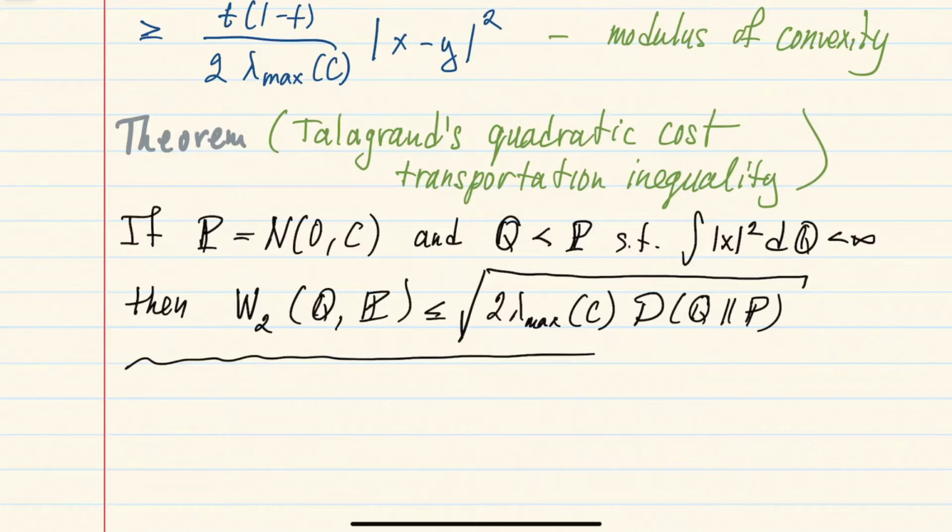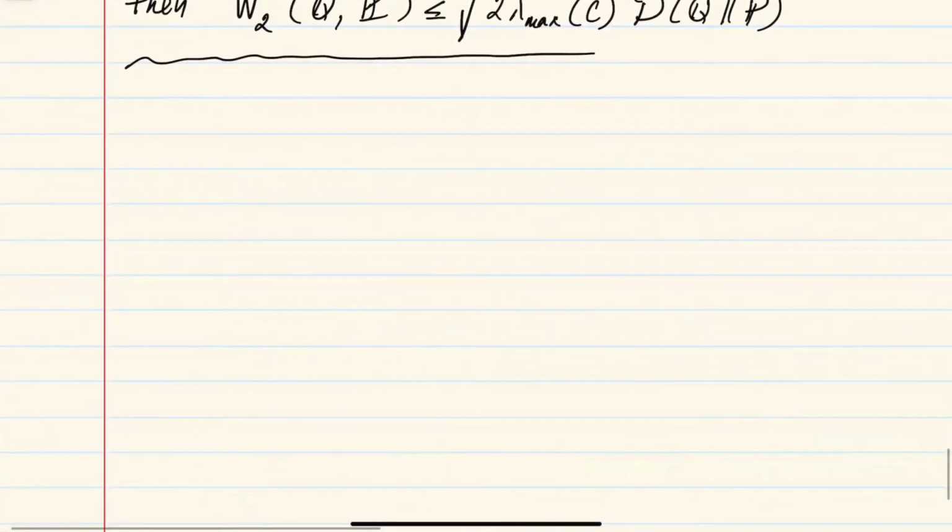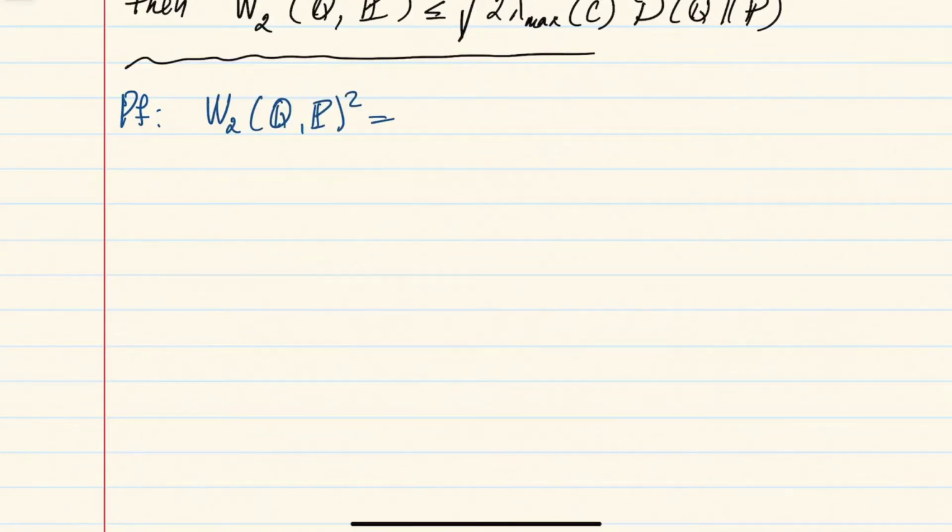First we start with the definition of this Wasserstein distance W2, and we recall that W2 squared was the infimum of the integral of the distance squared with respect to all measures mu with marginals P and Q.